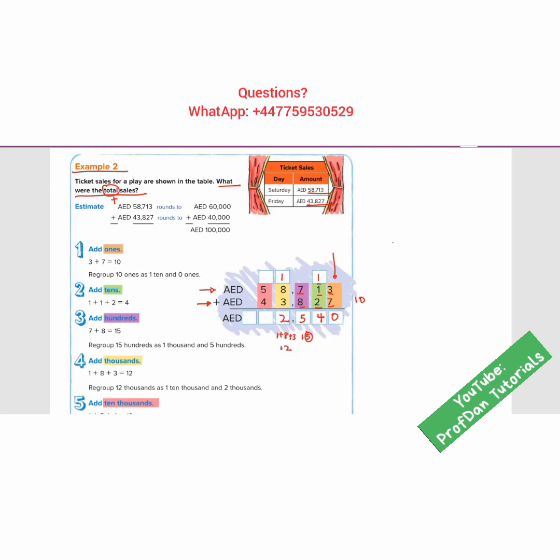Write 2, take the other 1 here, and lastly you have 1 plus 5 plus 4, which gives you 10. So this is your final answer. So the total ticket sales were 102,540. I guess you are correct.